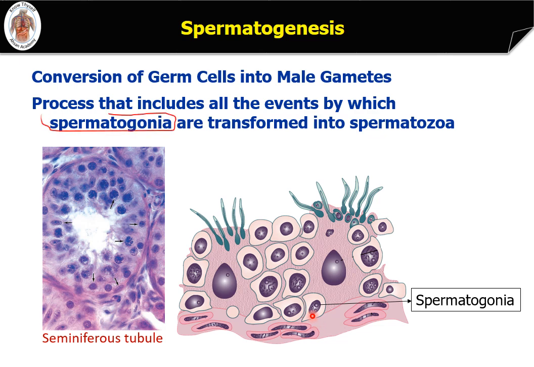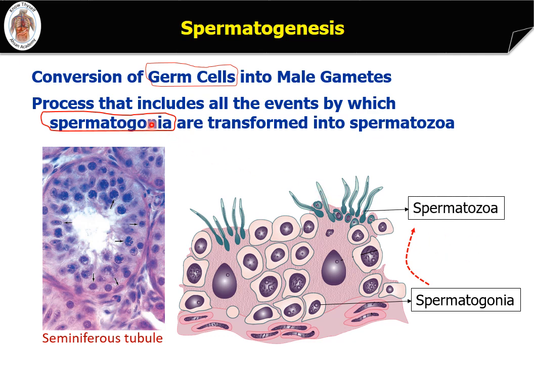This is the germ cell in immature form, which divides by mitosis and increases in number. From spermatogonium, through a series of changes, it approaches the lumen and becomes spermatozoa.